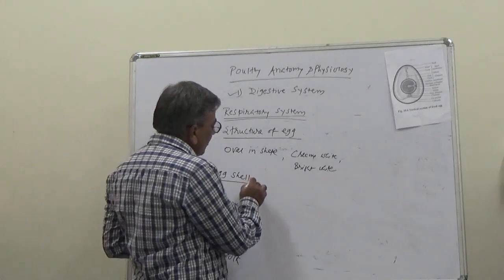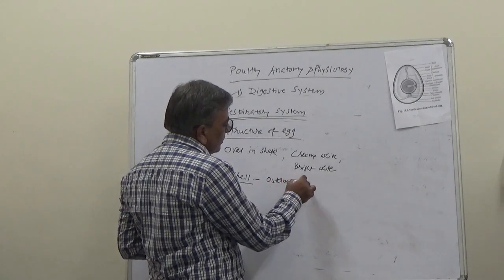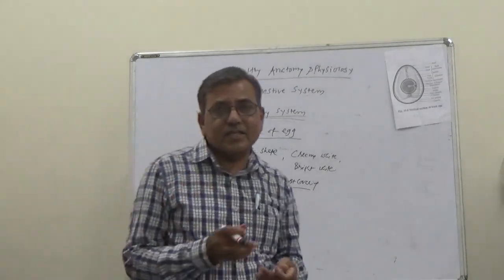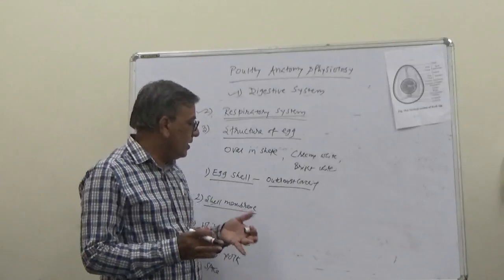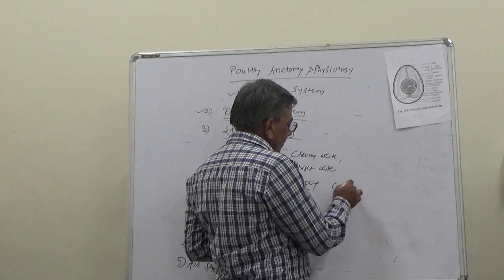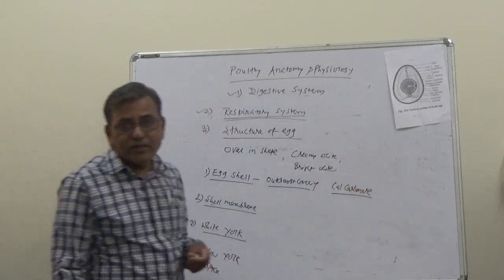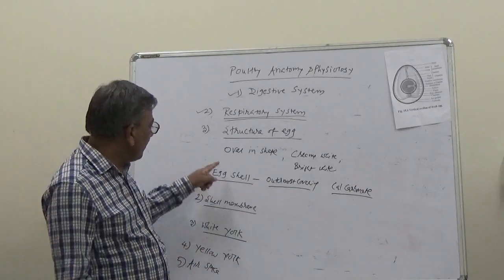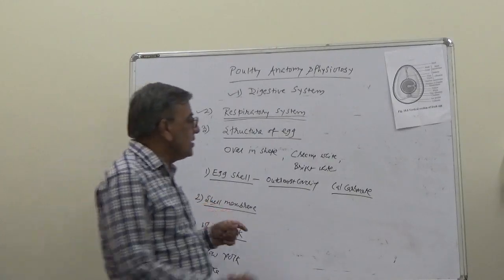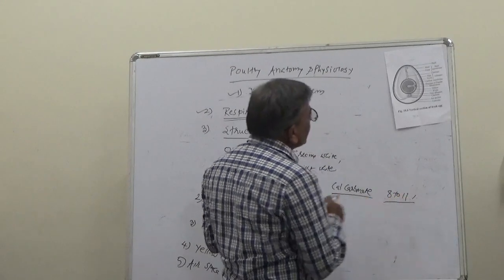Eggshell is the outermost covering of egg. It is a hard structure giving shape to the egg, and the content of eggshell is calcium carbonate. It is made up of calcium carbonate, and the percentage of eggshell in total egg volume is 8 to 11%.